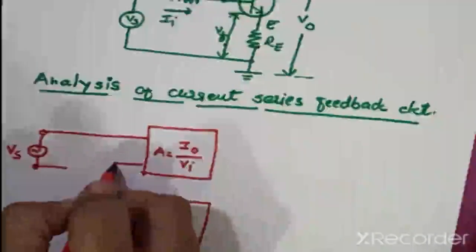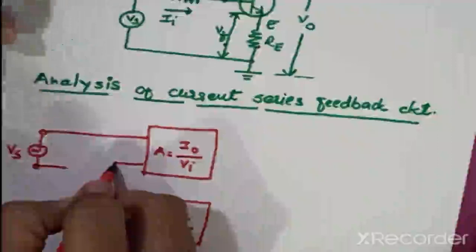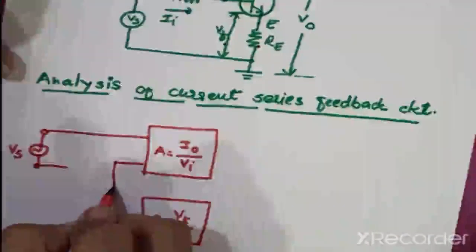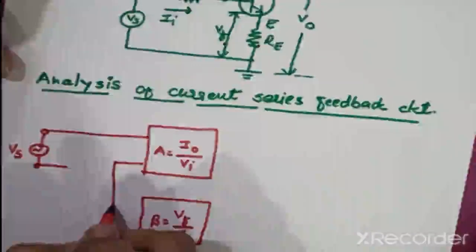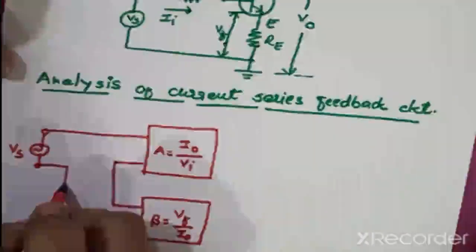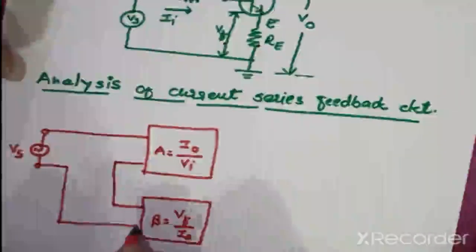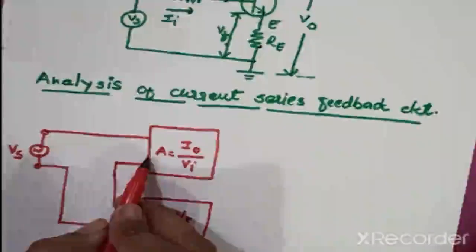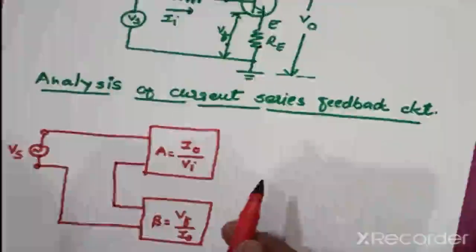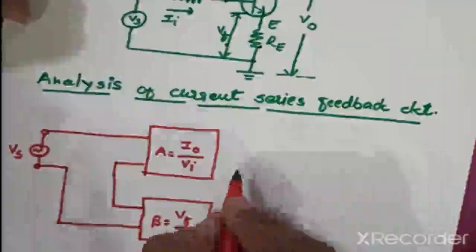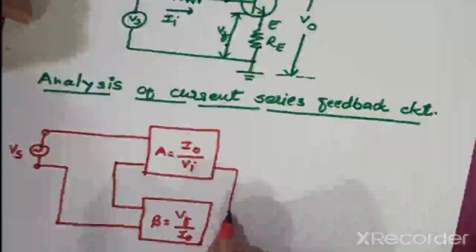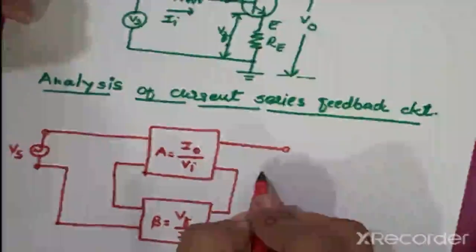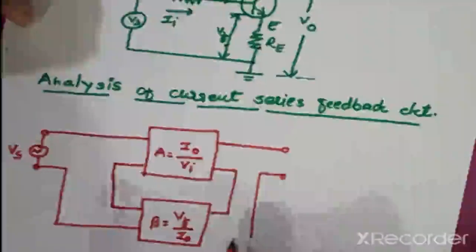Here a part of the output current is made to develop a voltage proportional to the output current and supplied back in series with the input. So the feedback network is in series with the amplifier at the input, as well as in series at the output end. So let us draw it.